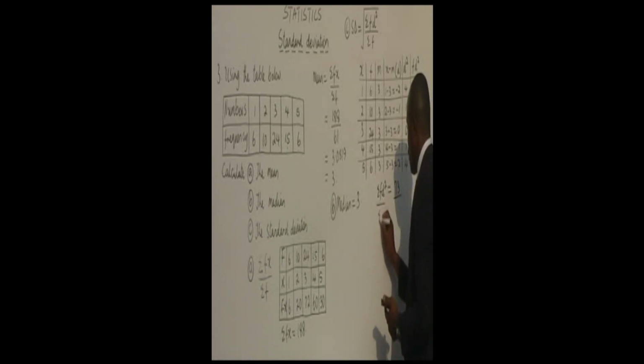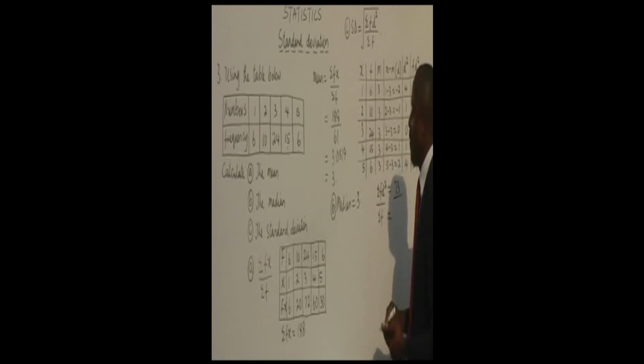You're going to divide it by sum of F. Sum of F is the sum of the frequencies, 61. So let's divide out. Remember, whatever you have here, you will find the square root before you get your standard deviation. 73 divided by 61 is giving me 1.1967 in 4 decimal places.